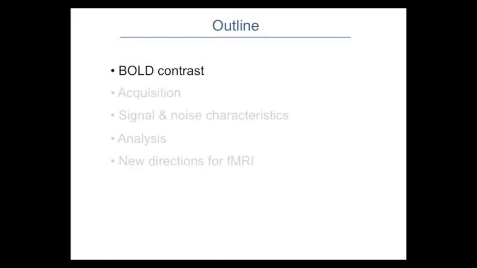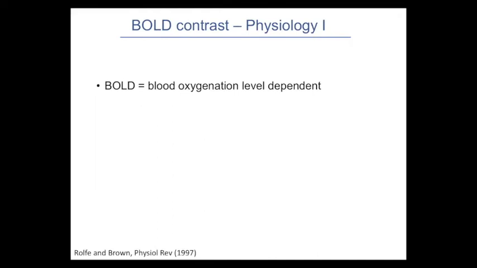The BOLD contrast: BOLD is blood oxygen level dependent. That tells us that our MRI signal is dependent on the blood oxygenation level, which should already raise a red flag and tell you this is not a neural signal per se. It's a very complex cascade until we get a signal that we measure with MRI.